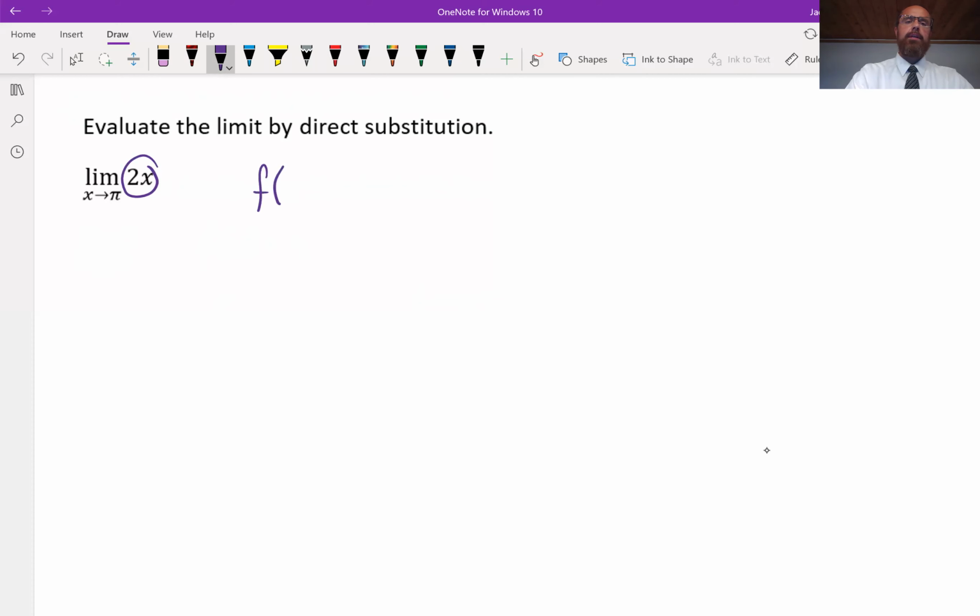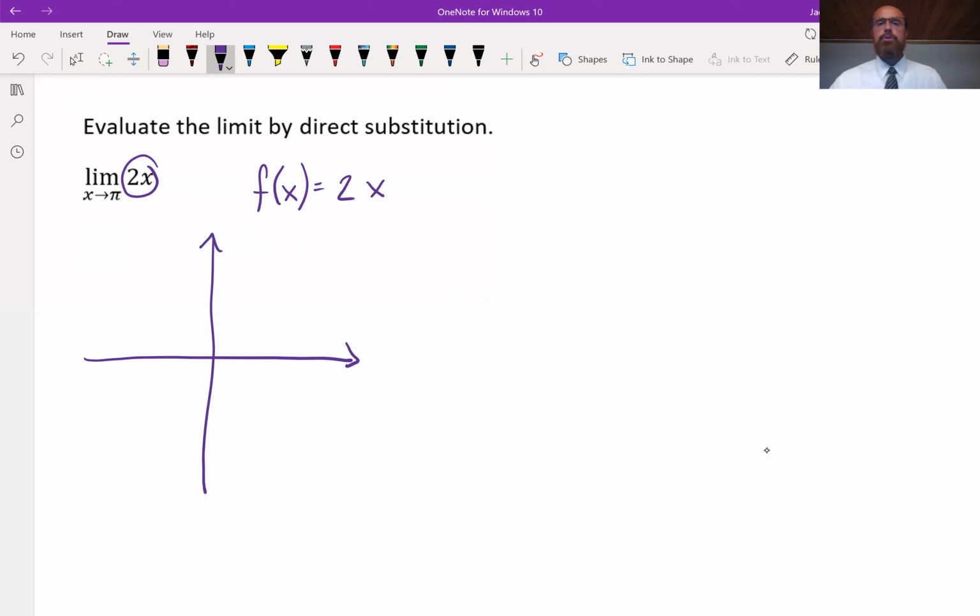So f of x equals 2x. And again, we'll sketch the graph so that we can see conceptually what's happening as we are approaching pi from the left and from the right. Again, pi is an x value. So we'll graph this function.